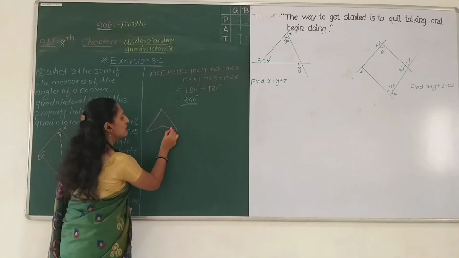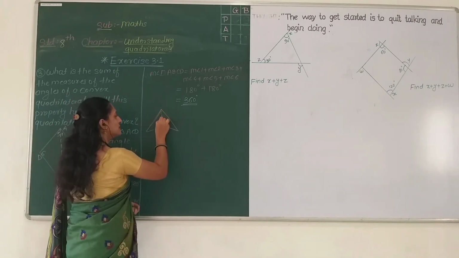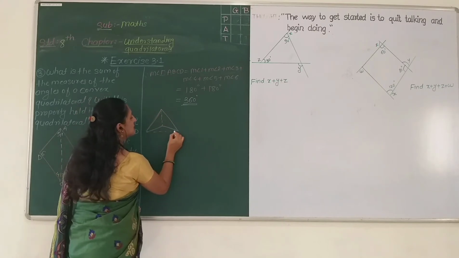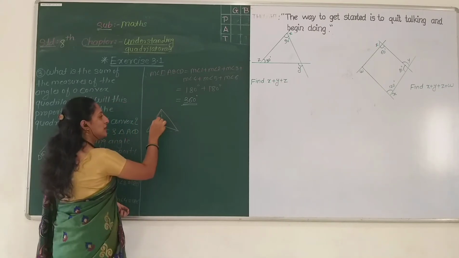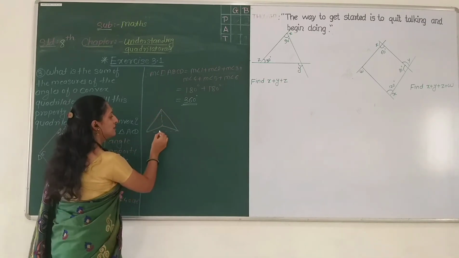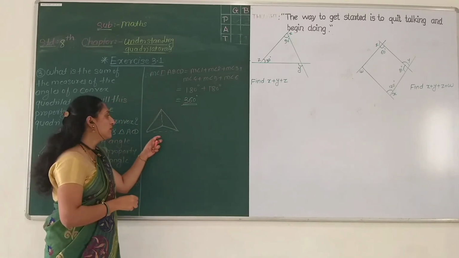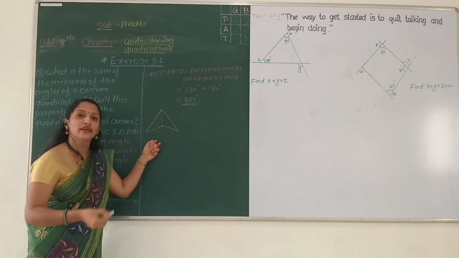Why is it concave? Look at here. If this one is one diagonal and this one is the other diagonal, one of the diagonals lies in the interior part and one diagonal lies in the exterior part of that polygon. So therefore this polygon is a concave polygon.